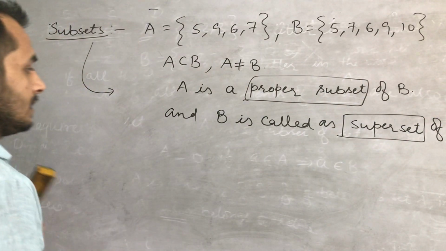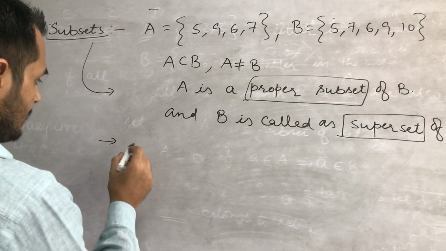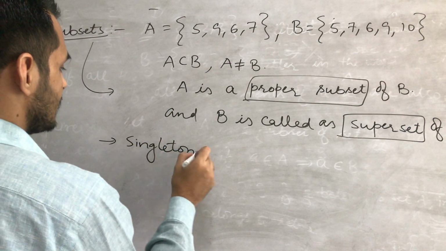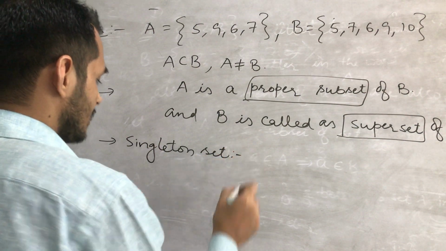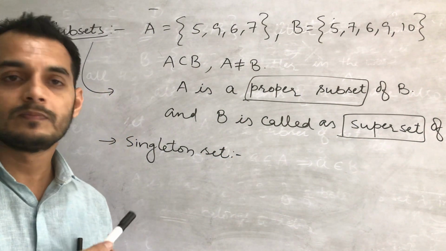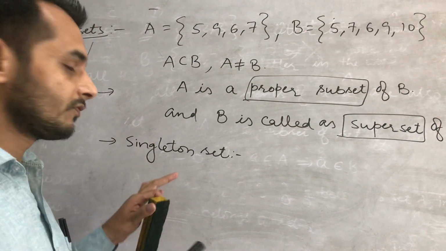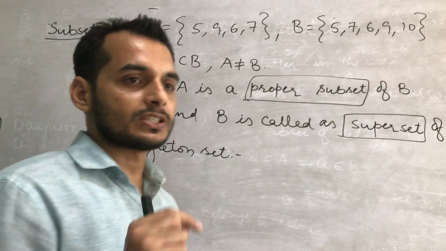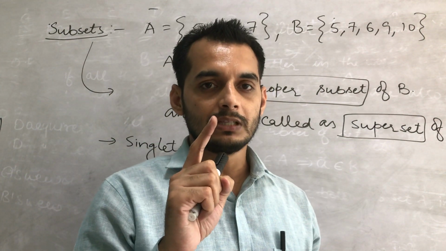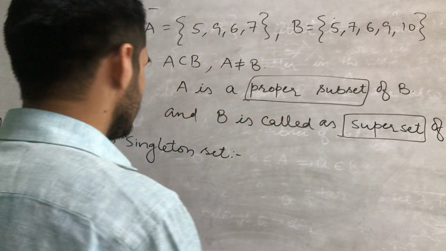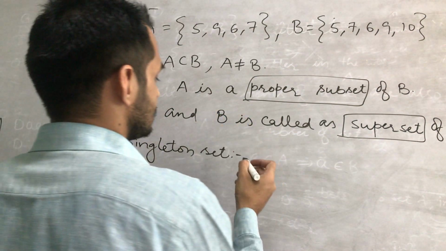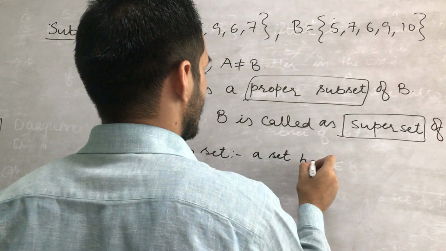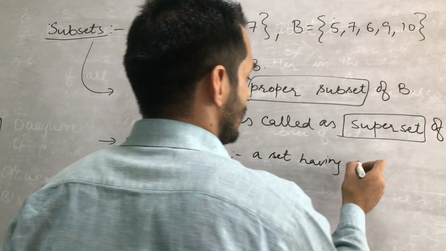Now we have a set called a singleton set. Can you guess what it means? From the name itself, singleton says single. So a set having exactly one element in it is called a singleton set.